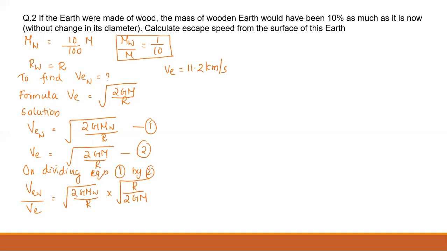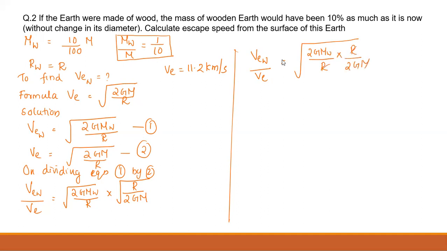Both are in square root, so we will write in one root. That is, escape velocity of wooden Earth upon escape velocity of the Earth is equal to under root 2GMw upon R into R upon 2GM.